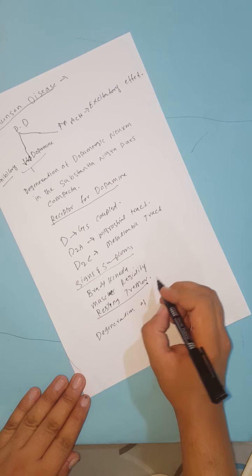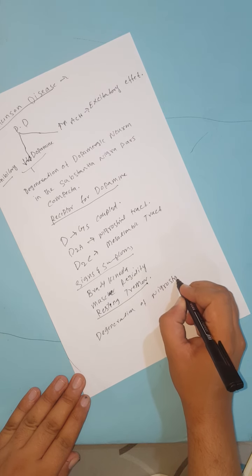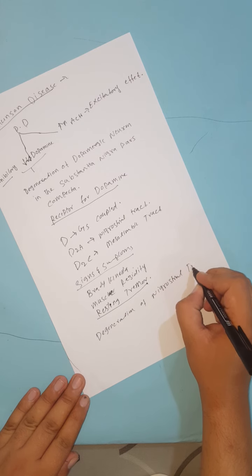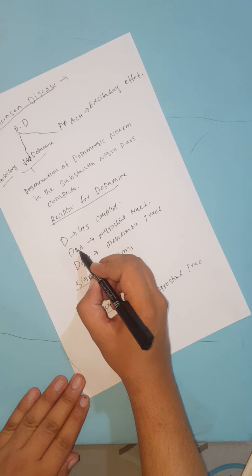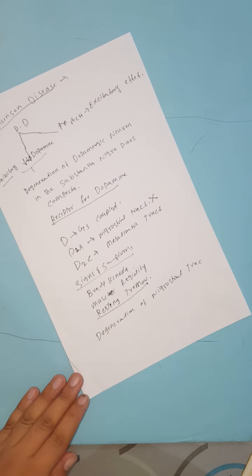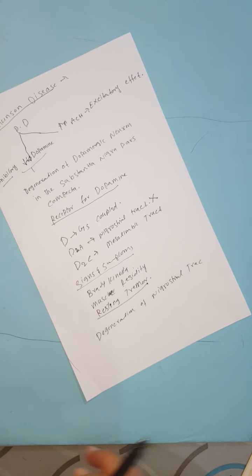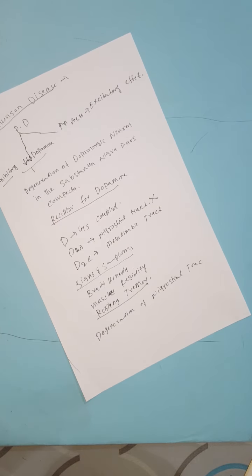The nigrostriatal tract degenerates, and there is imbalance between dopamine and acetylcholine.